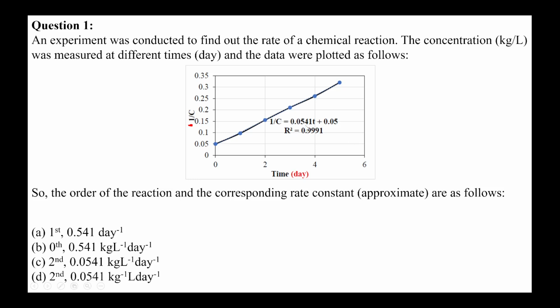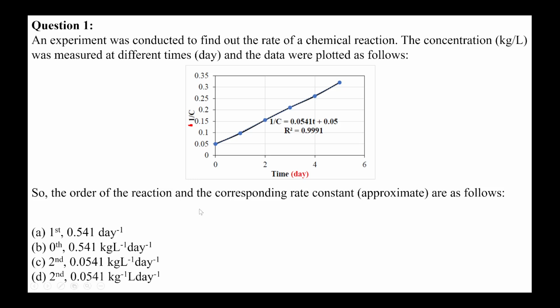So you have 0.0541 into T plus 0.05. So 0.05 is 1 by C0, that is the initial concentration. From this equation itself, you can see the value of K would be 0.0541.